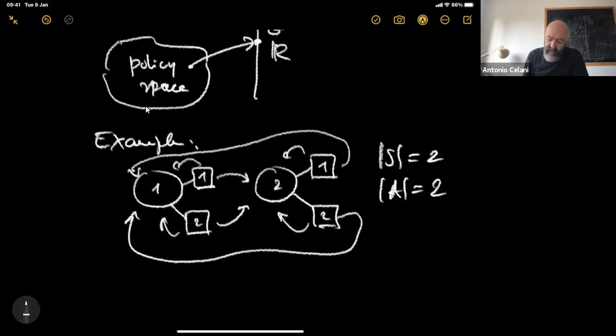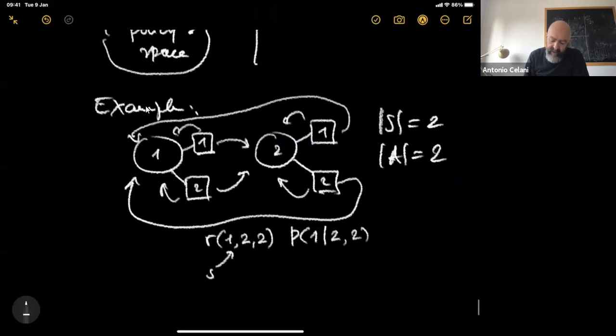So over this arrow, what do I have? I have the probability of getting into state 1, given that I started in state 2 and I took action 2. And in this process, I get a reward, which is a function of state, action, new state.